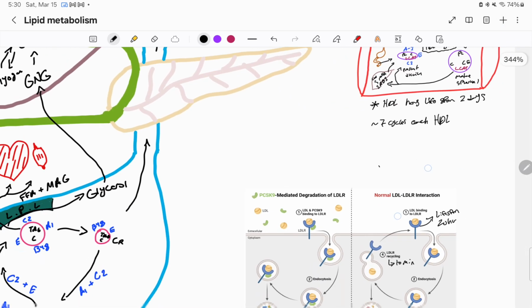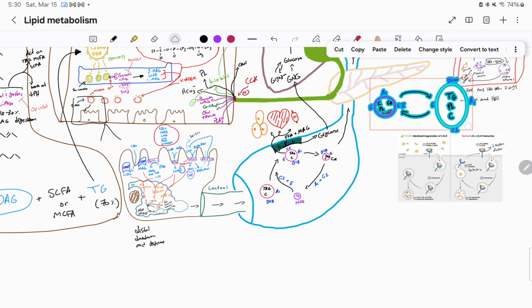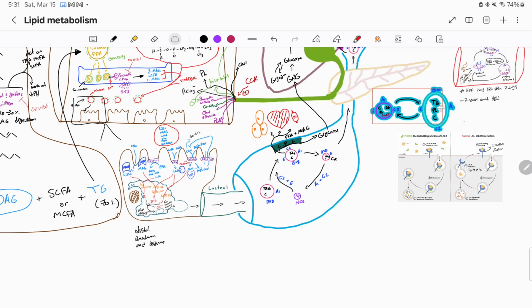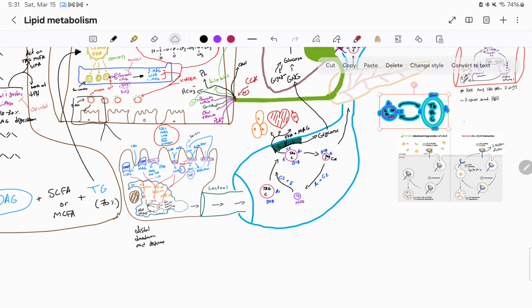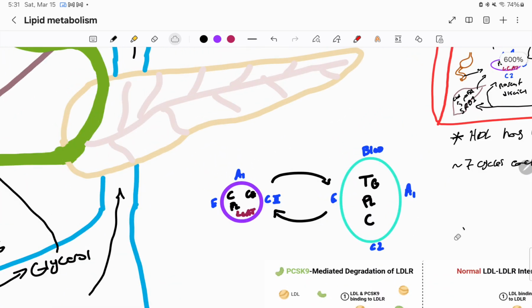Now, another thing to mention about the HDL is that it has certain interactions with other lipoproteins in the blood. And you guys have already seen some of those interactions. You've seen that it can donate some apoproteins to them, but it doesn't only do that.